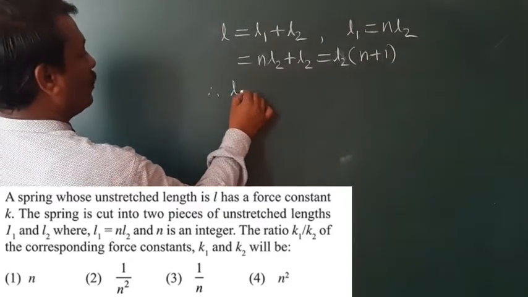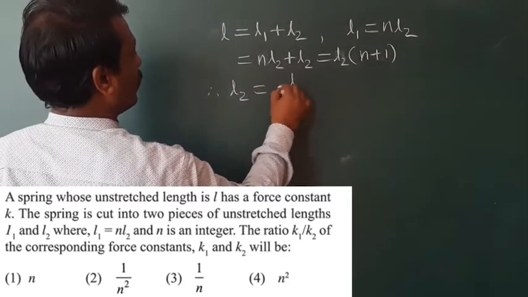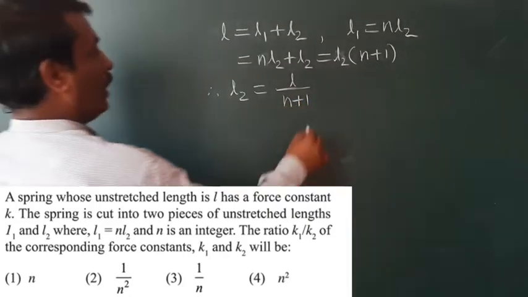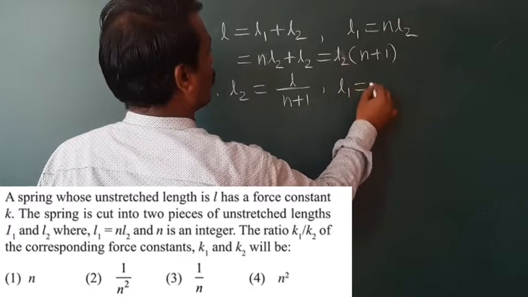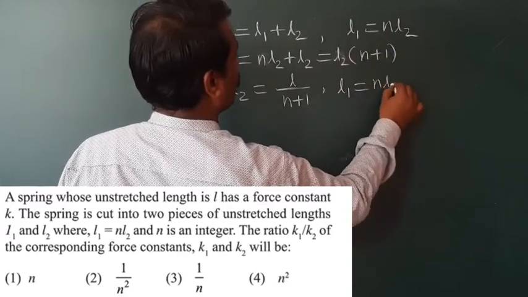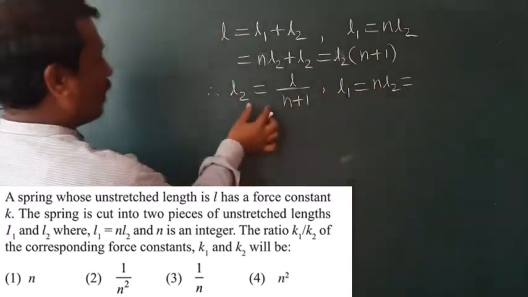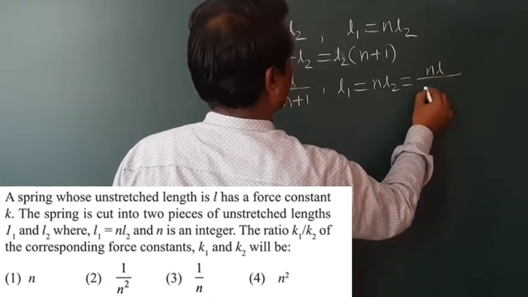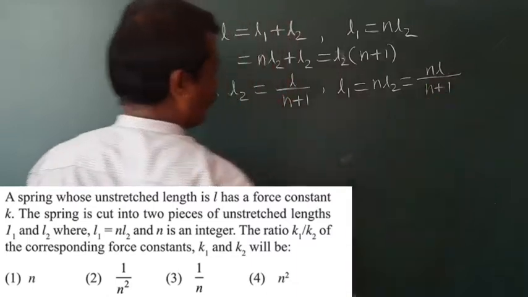Therefore, L2 is equal to L divided by N plus 1. And L1 can be written as L1 is equal to N L2. So here in place of L2, I will write this. Then we get NL divided by N plus 1.